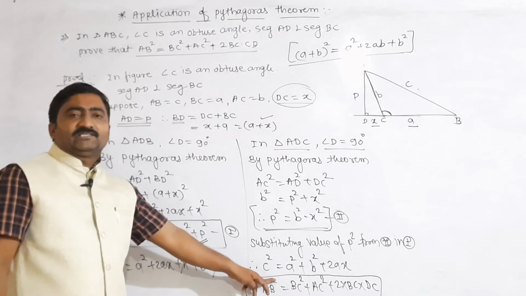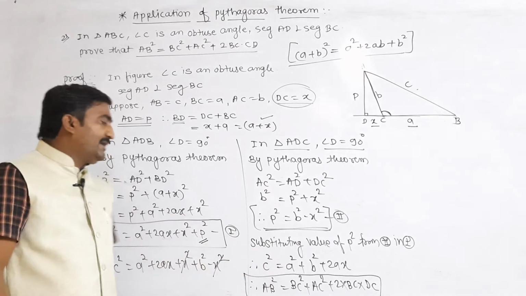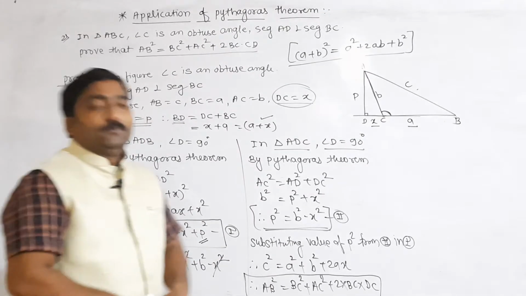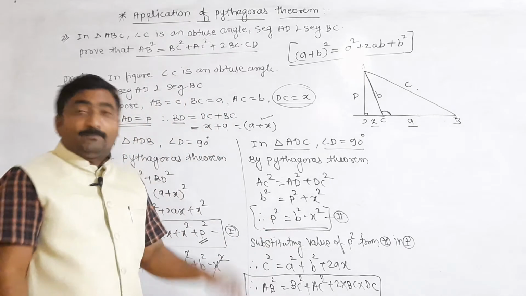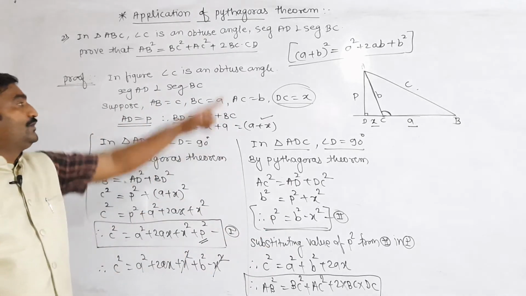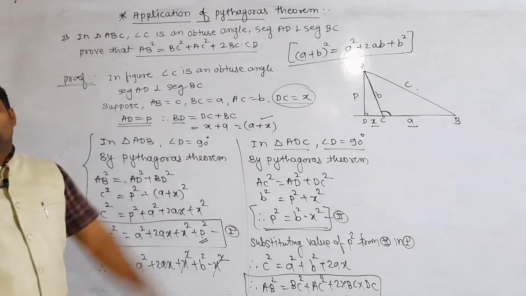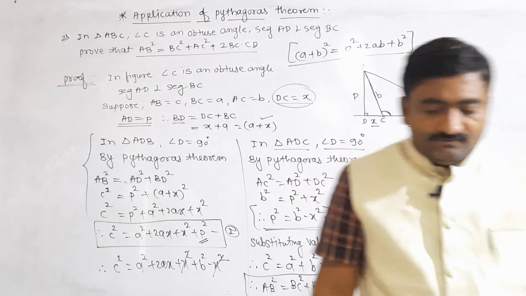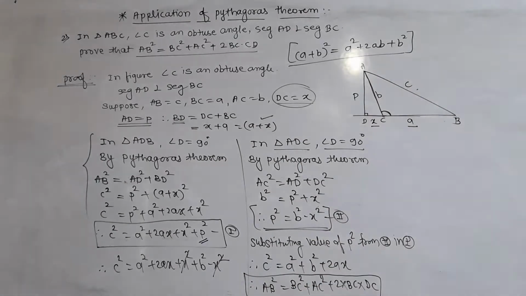Therefore c square is equal to a square plus b square plus 2ax, and that is called AB square is equal to BC square plus AC square plus 2 into BC into CD or DC. These are two applications. Then we have to study Apollonius theorem. Very easy for understanding, but remember these two things.